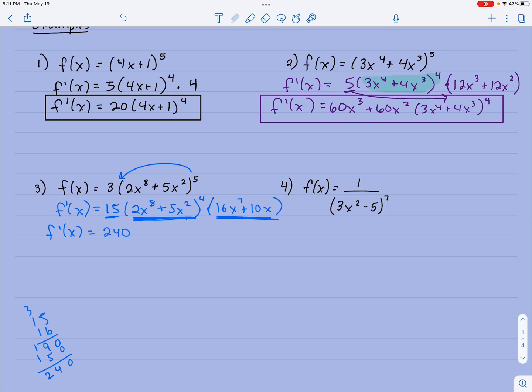So I'm getting this 240 by multiplying the 15 by the 16. And then the 15 by the 10. And then that whole thing is multiplied by the 2x to the 8th plus 5x squared to the 4th.